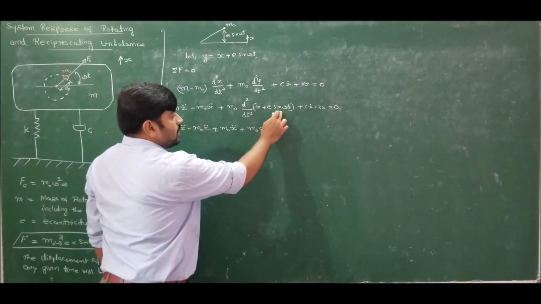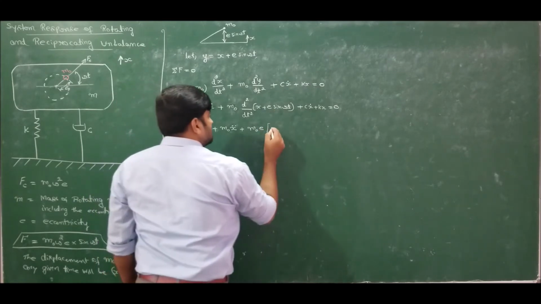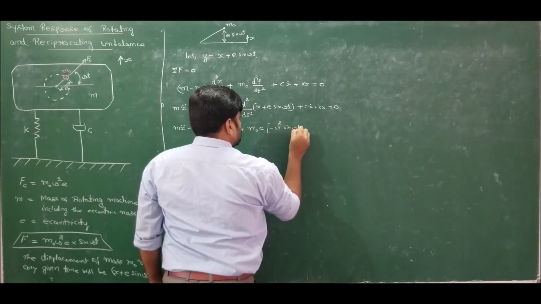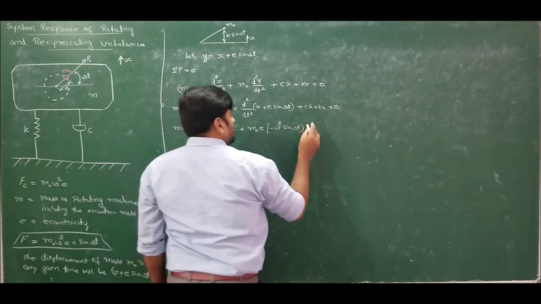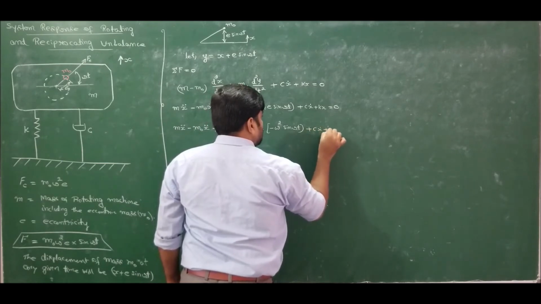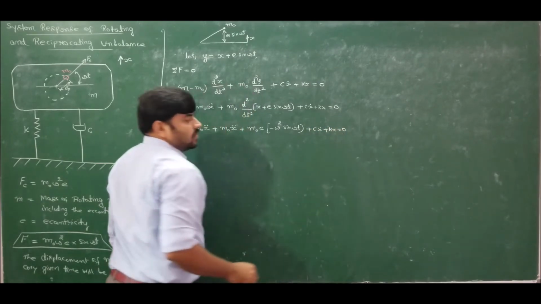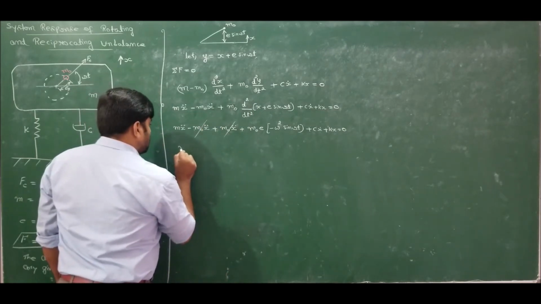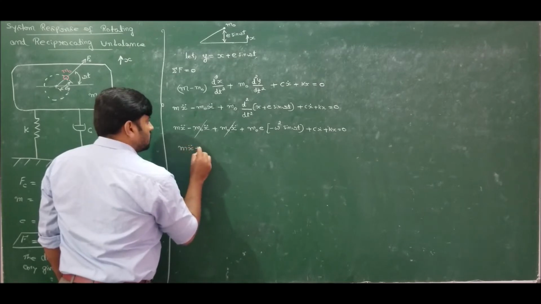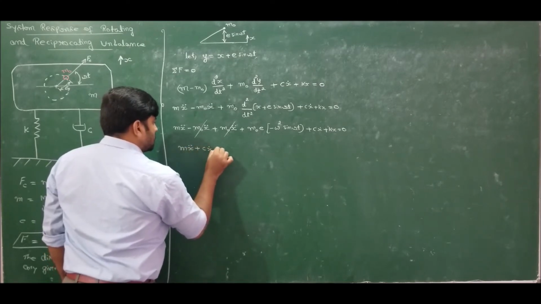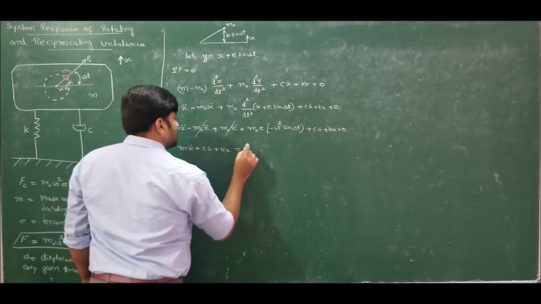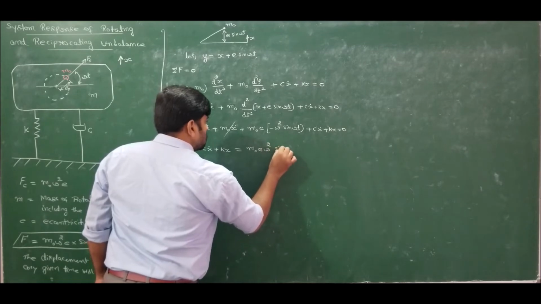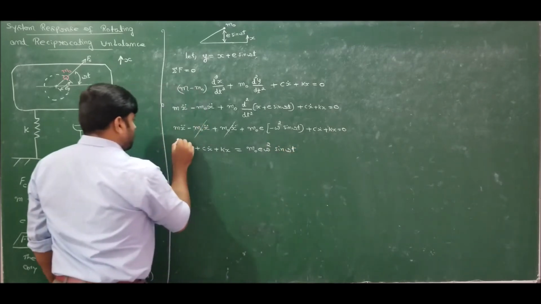If I differentiate cos omega t into omega again, I will get minus omega square sin omega t. Now this is plus c x dot plus kx is equal to 0. Now these two will get cancelled. If I rearrange the terms, I will get m x double dot plus c x dot plus kx is equal to m naught e omega square sin omega t.